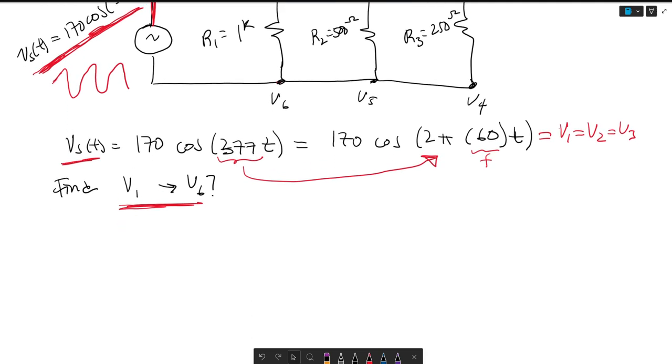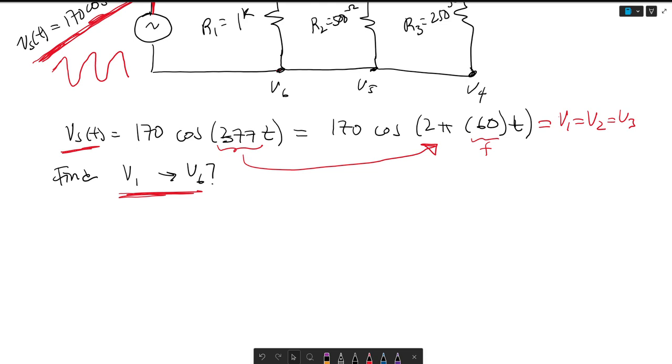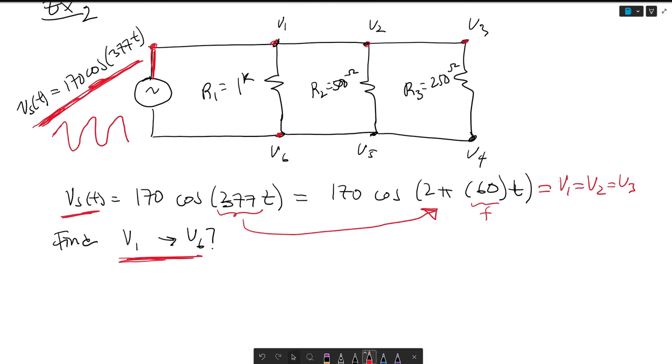And now, in order to find my voltages V6, V5, and V4, we notice that this is also just grounded. So essentially, V6, V5, and V4 are equal to 0.